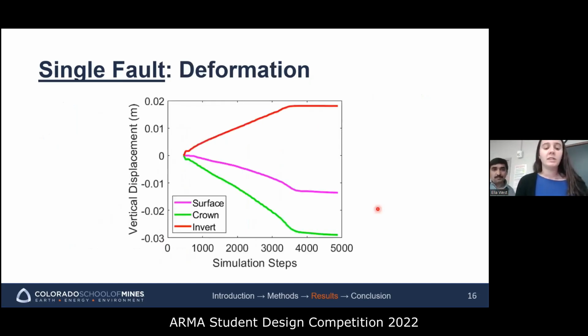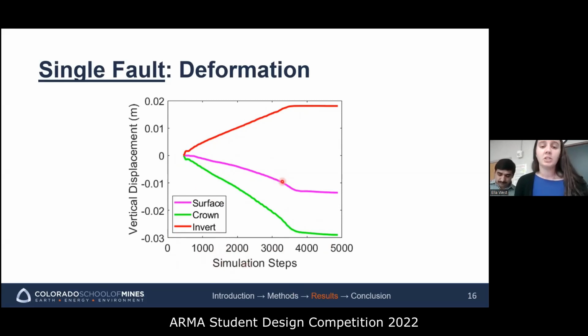We also looked at deformation in the model at 3 different locations: at the surface of the model, plotted in purple, at the crown of the tunnel cross-section, plotted in green, and at the floor or the invert of the tunnel cross-section, plotted in red. You can see that the model deforms more and more as the time steps are marched, which are plotted on the x-axis here.